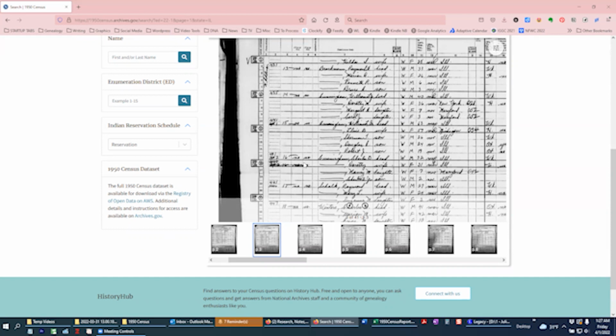So I got to thinking, okay, I kind of remember that the enumeration instructions said something about how they should actually make their circuit around the enumeration district. And I thought, you know what, I bet you this isn't going to be towards the beginning. What I'm looking for, the street I'm looking for, is not going to be towards the beginning.